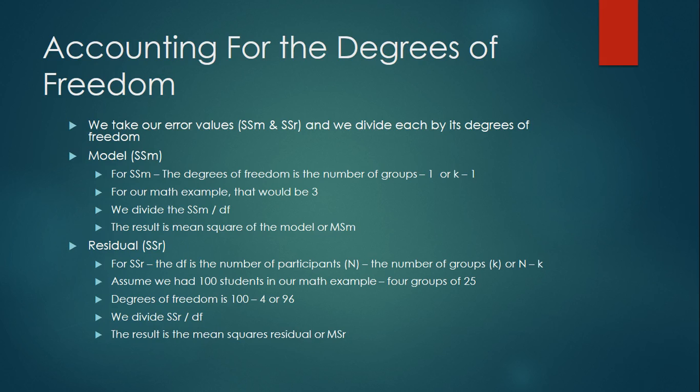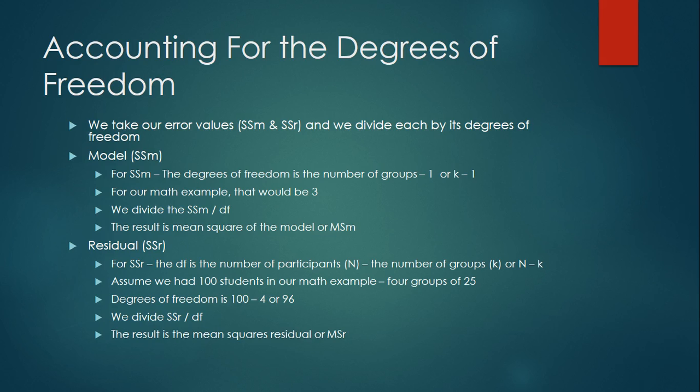So we take our error values, both the SSM and the SSR, and we divide each of them by their degrees of freedom. Well, how do we determine the degrees of freedom? For the model, for the SSM, the degrees of freedom are the number of groups minus 1. In our math example, we had 4 groups. So we would take away one of those, and we would have 3 degrees of freedom.